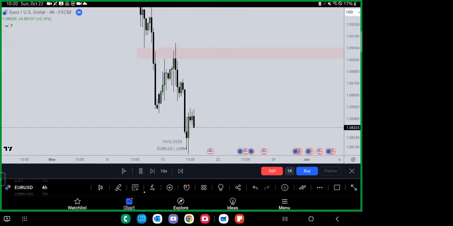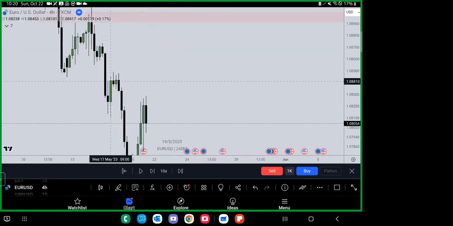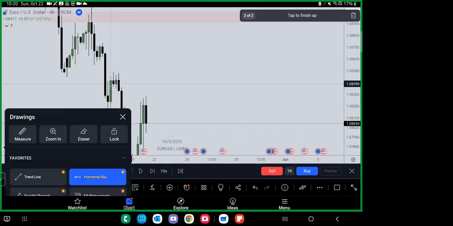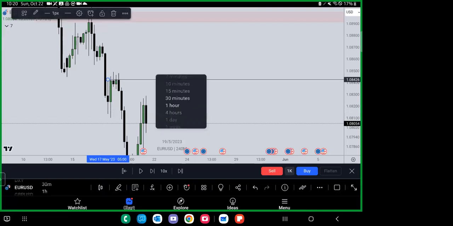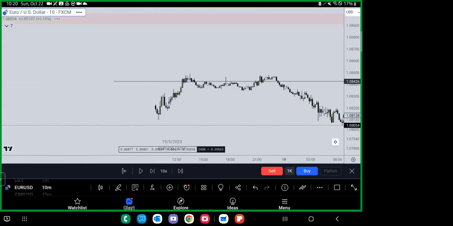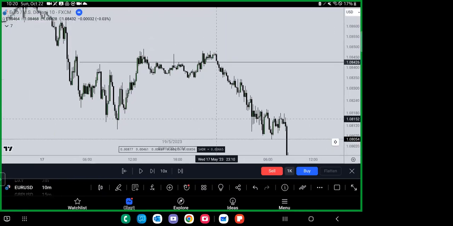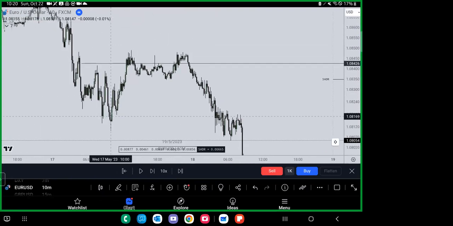4-hour, same thing happens here. This is a lower time frame market maker sell program right here. So we have an inefficiency. Now, of course, unorthodox, but the same rules apply.